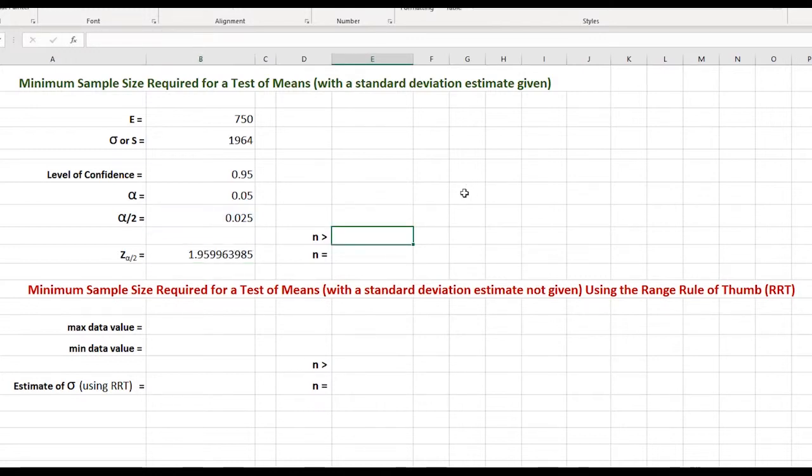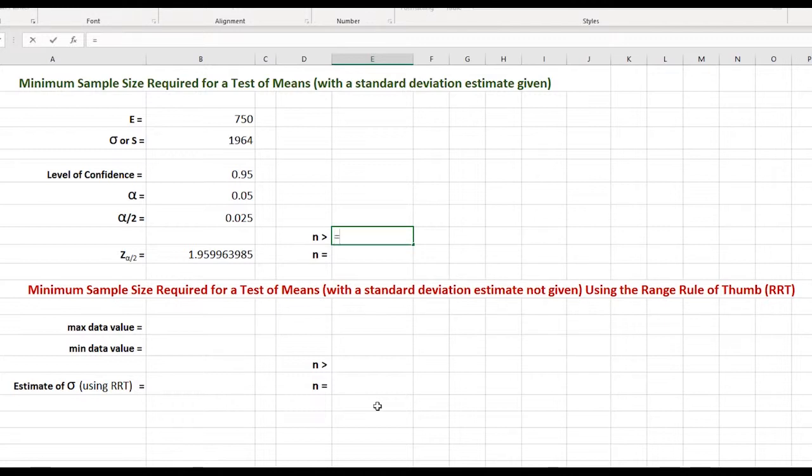To calculate n, remember, I would have to multiply S or sigma times z sub alpha over 2, divide that by E, and then square that result.